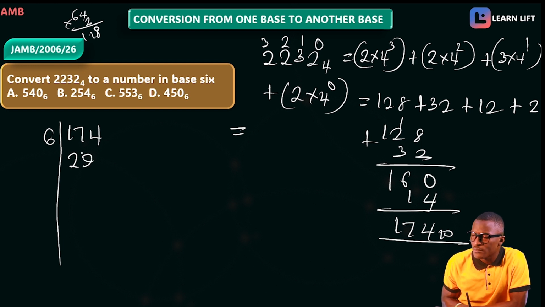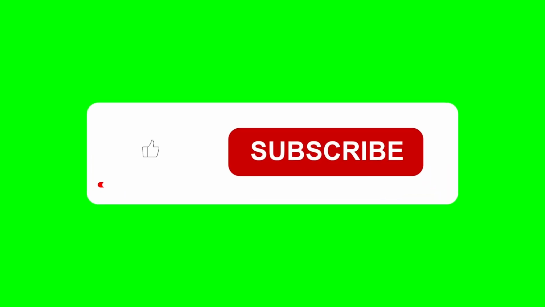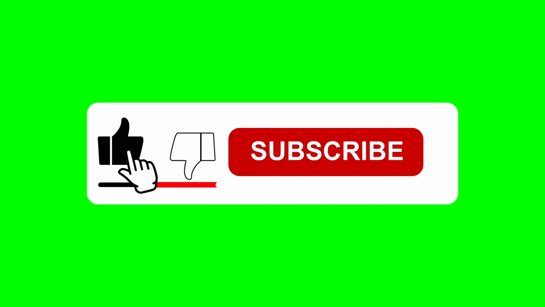Check: 29 times 6. 6 times 9, 54, carry 5. 2 times 6, 12, plus 5, 17. So 174, remainder 0. So 6 can still go.